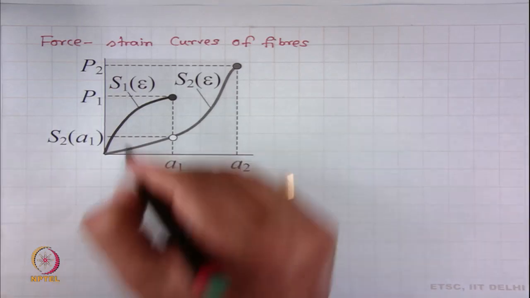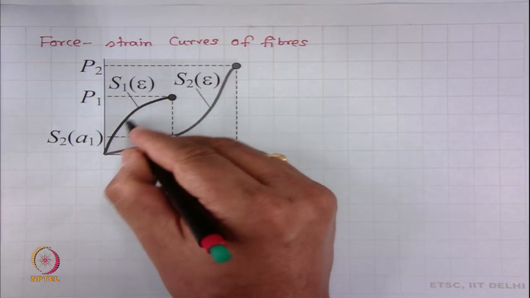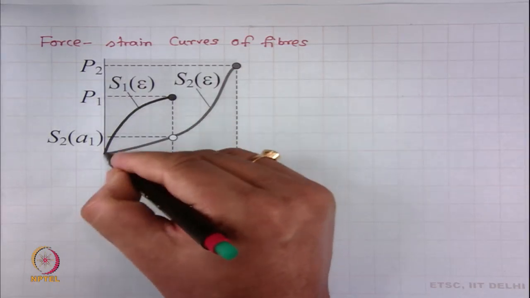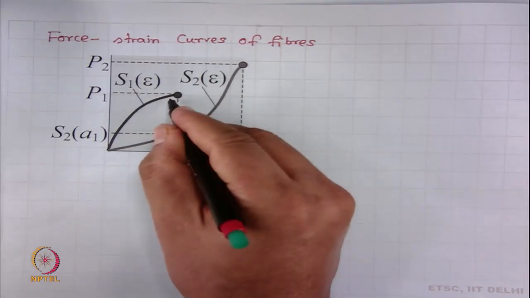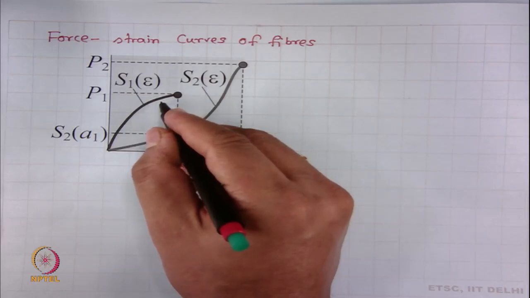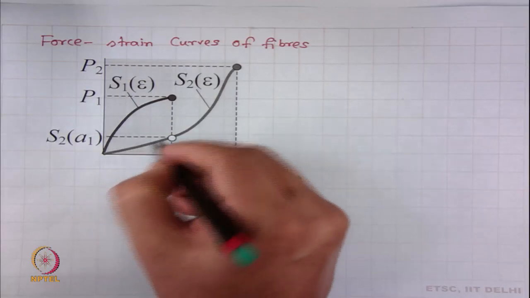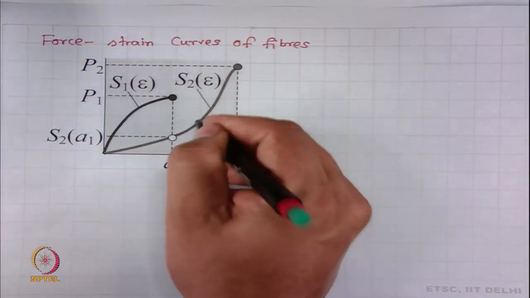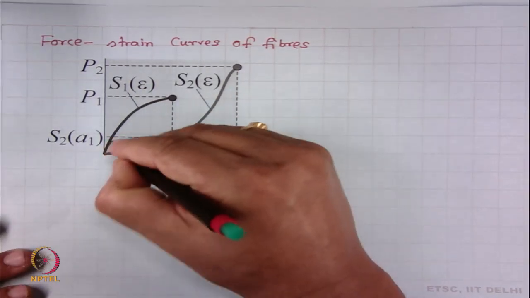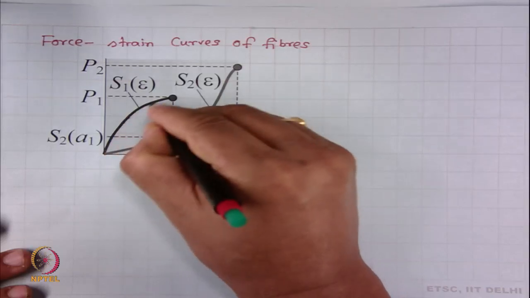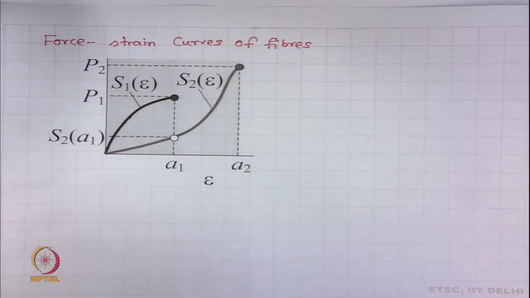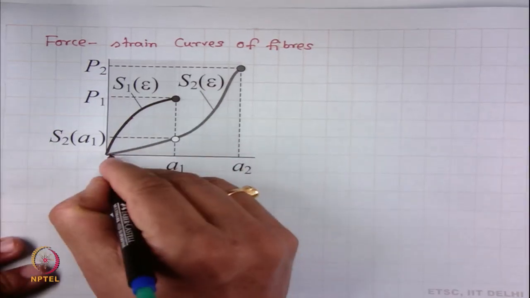Suppose this is the force strain curve of type 1 fiber and this is the force strain curve of type 2 fiber.